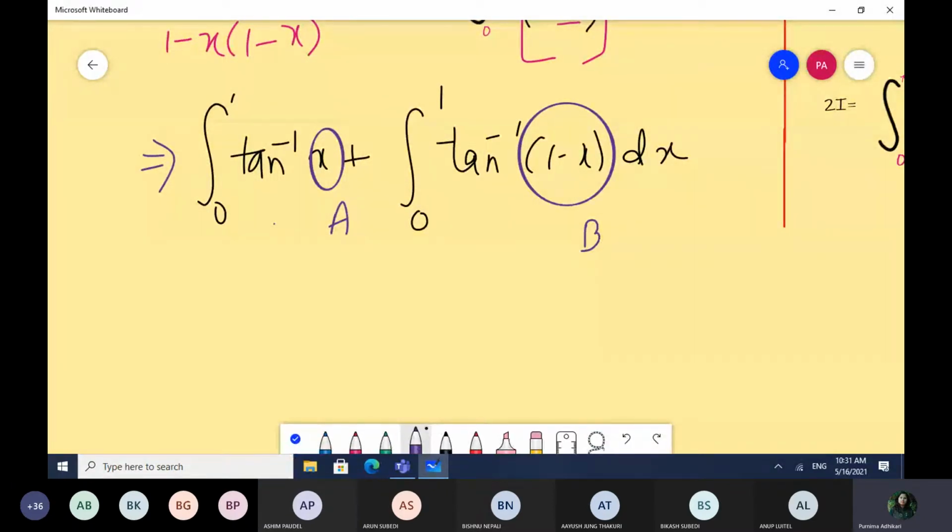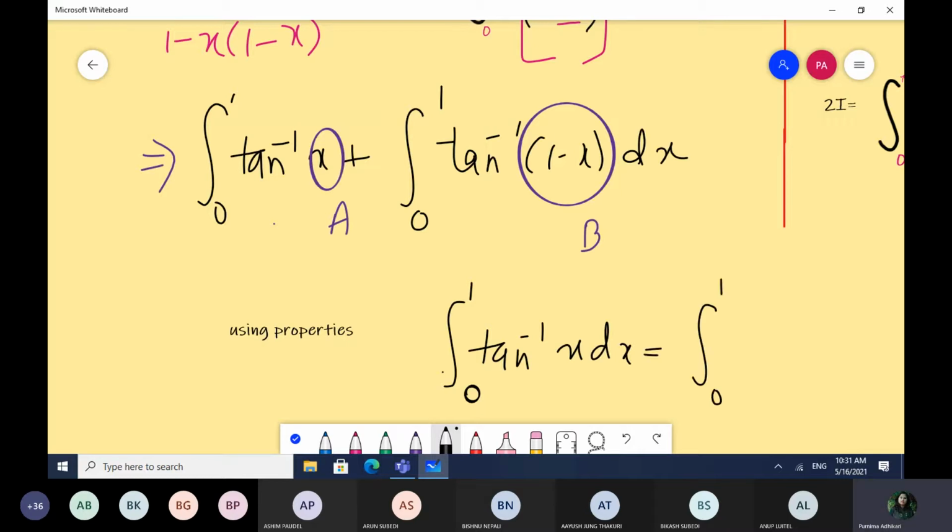Using properties of definite integral, we can write the integration from 0 to 1 of tan inverse of x dx equal to 0 to 1 tan inverse of 1 minus x dx.